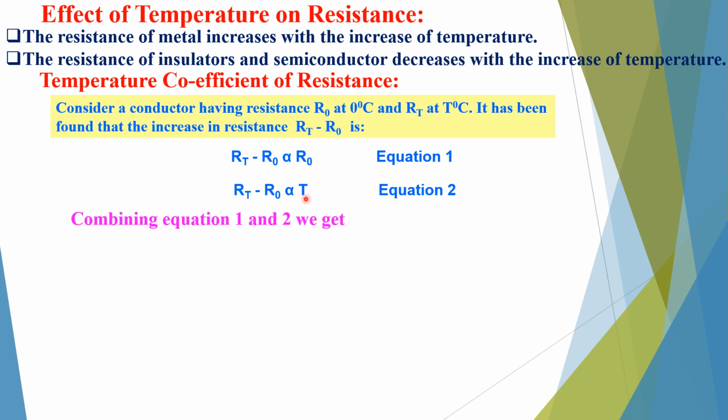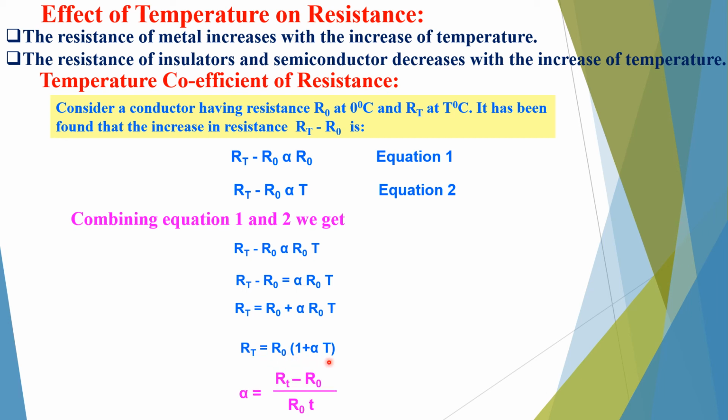By combining equation 1 and equation 2 we get RT minus R0 is directly proportional to R0 T. Here constant of proportionality is alpha and we get RT minus R0 is equals to alpha R0 T. Alpha is temperature coefficient of resistance. RT is equals to R naught into 1 plus alpha T. Solving for alpha, we get alpha is equals to RT minus R naught divided by R naught T.